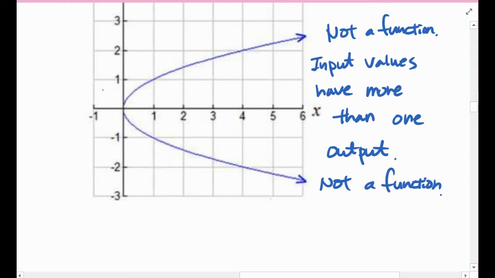We can figure it out using a vertical line. If you draw a vertical line and the line passes through the graph more than once, then that's not a function. The line should intersect the graph only once. If it is more than once, then that's not a function.